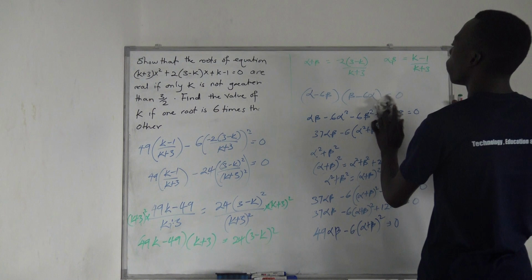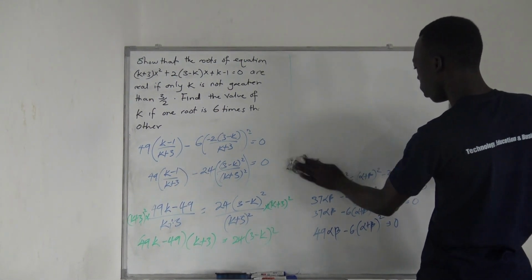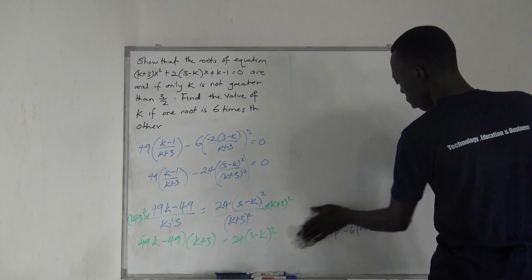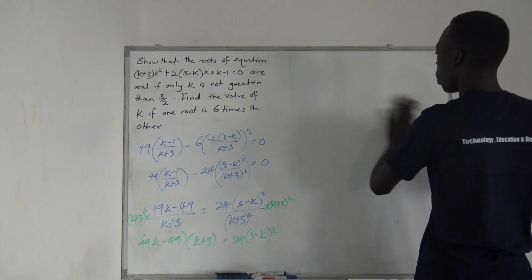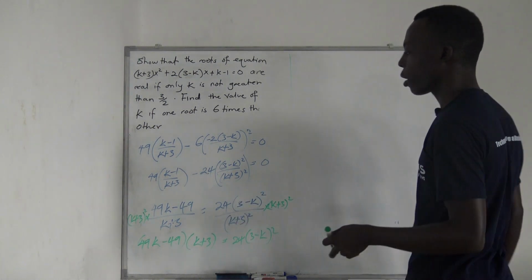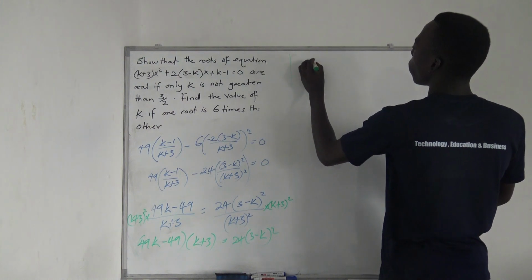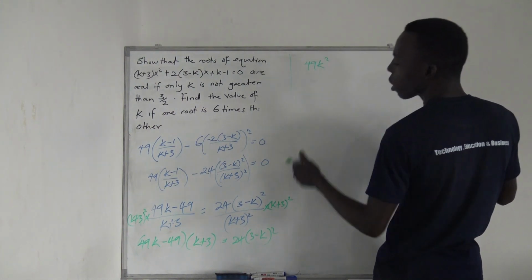So we are continuing. Now we have to open out those brackets. This one times this will become 49k squared.